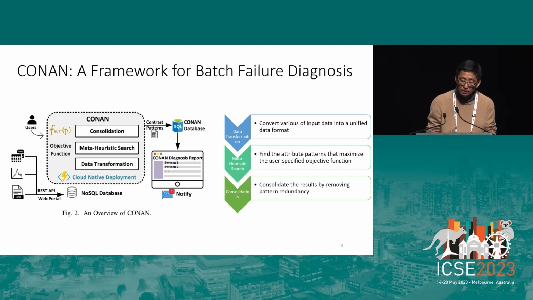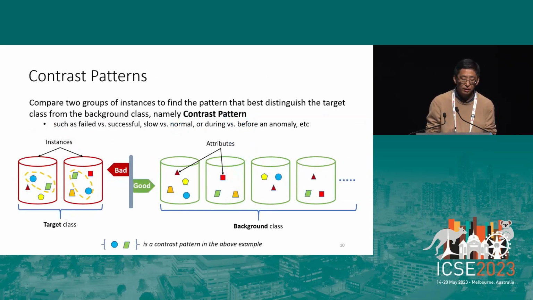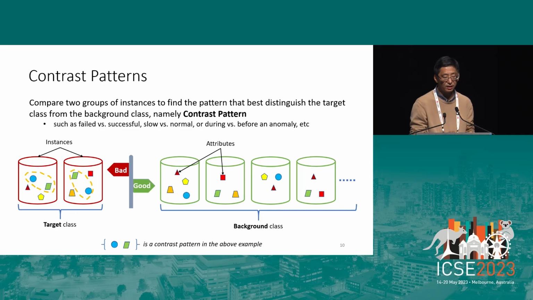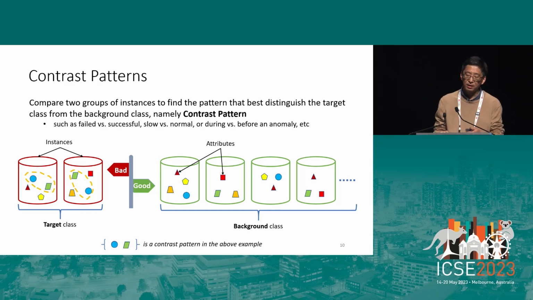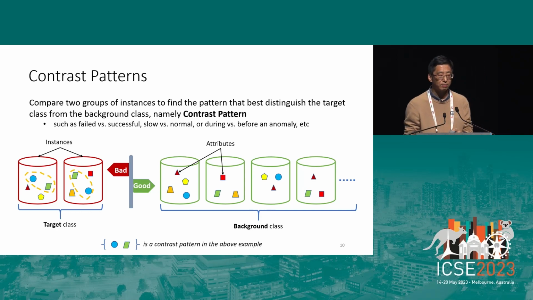We also call this attribute value pair contrast pattern. So basically, that's the set of this attribute value pair that is responsible for the incidents. So we have many of these kind of pairs in the background class. We also have this responsible pair of attribute value combination in target class.